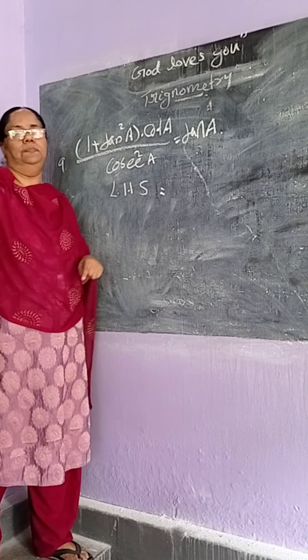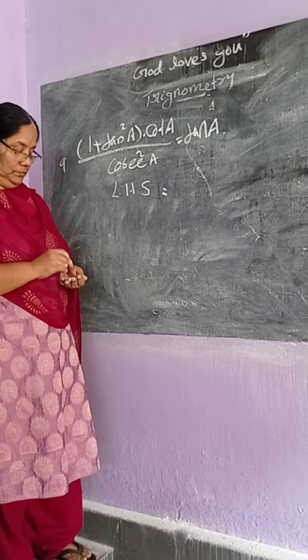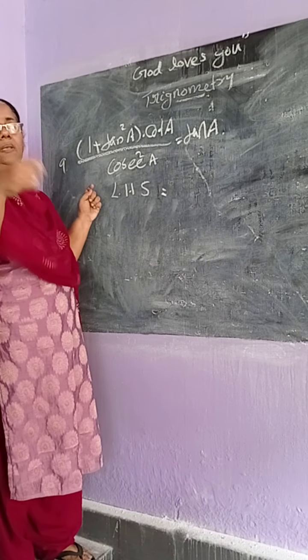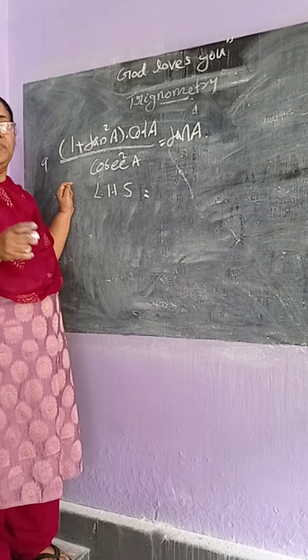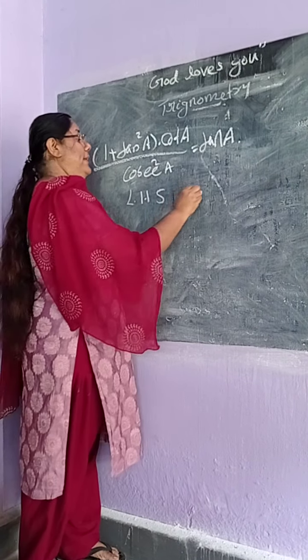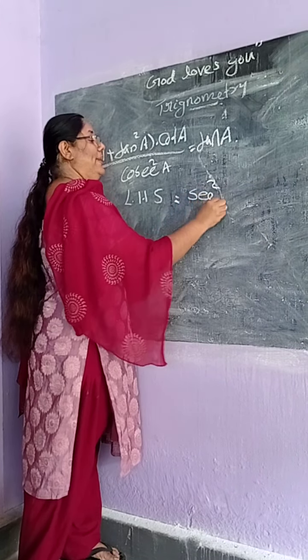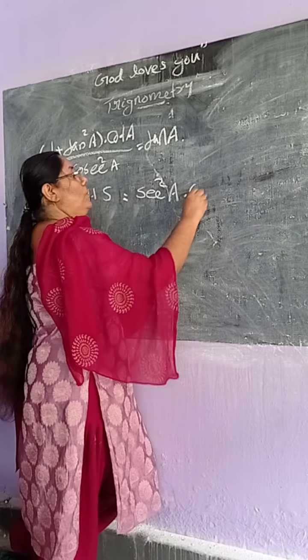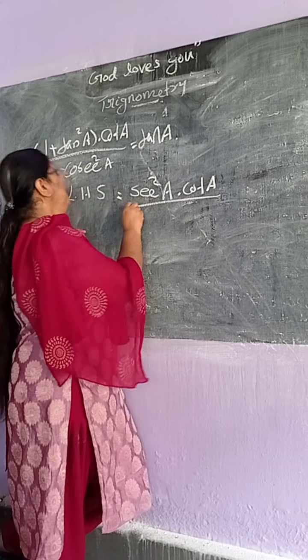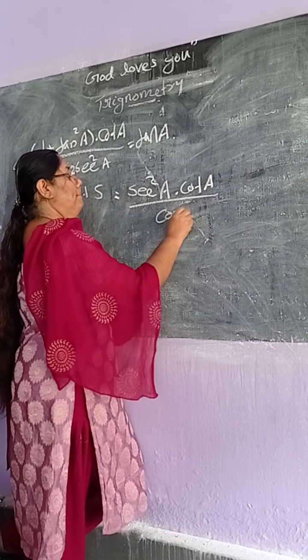Copy this part. Now listen. What is 1 plus tan square A? 1 plus tan square A is sec square A, into, now write cot A by cosec square A.